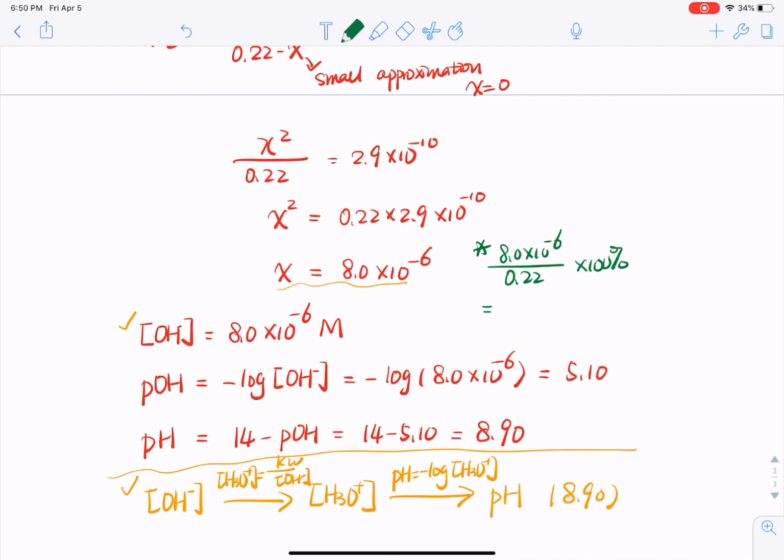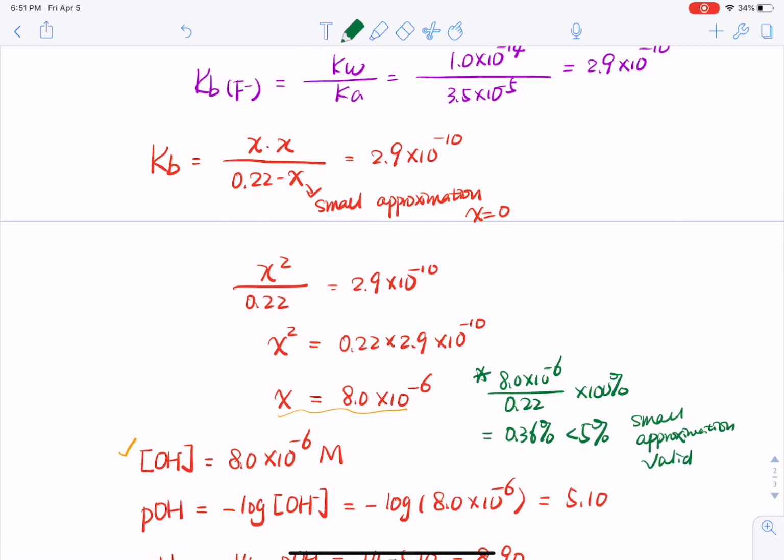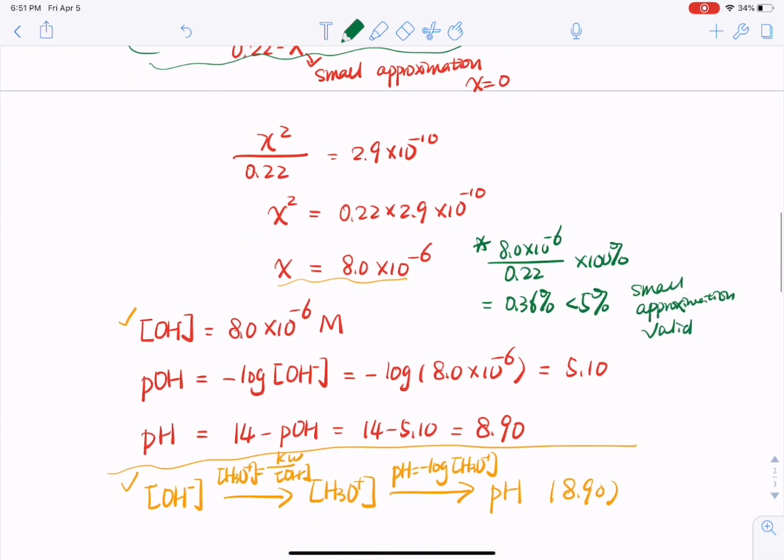You do this and it's 0.36%, which is smaller than 5%, so the small approximation is valid. That's good. Otherwise, you have to go all the way back and use the quadratic equation to finish the calculation.